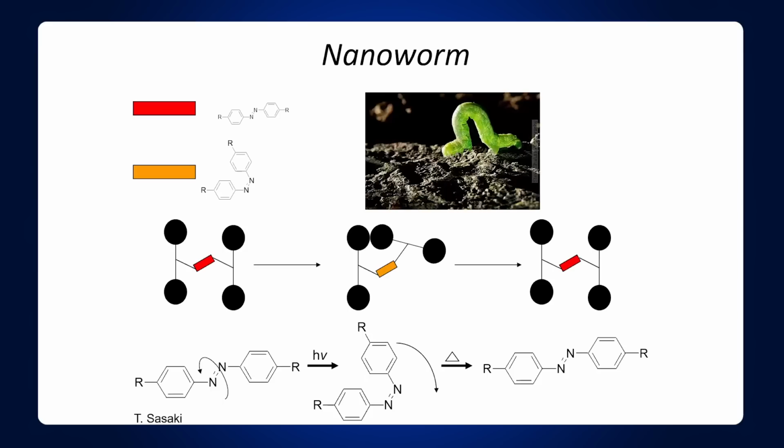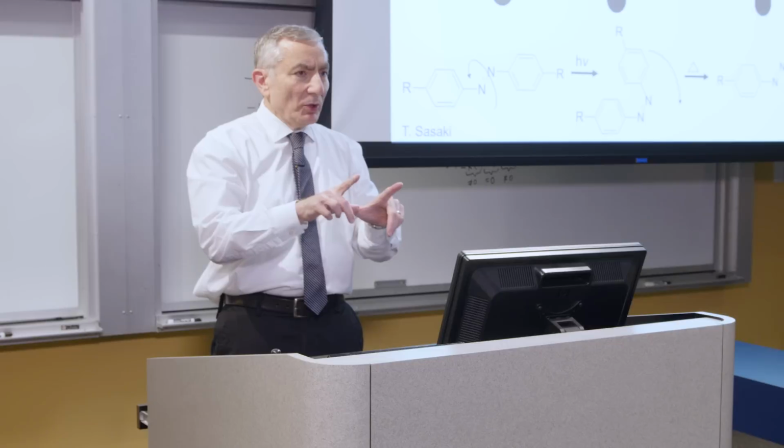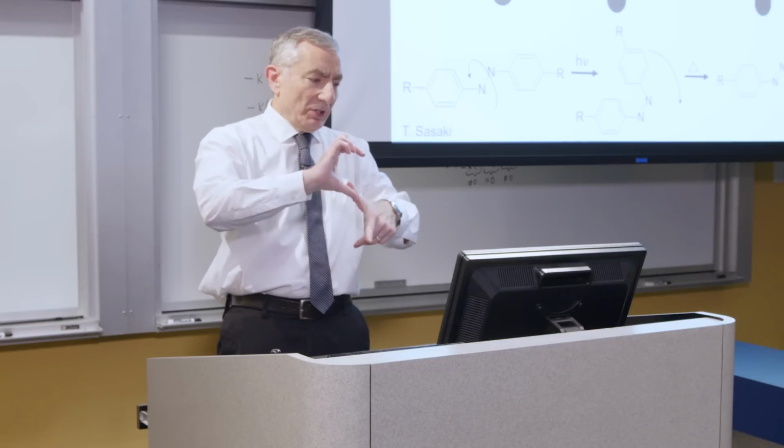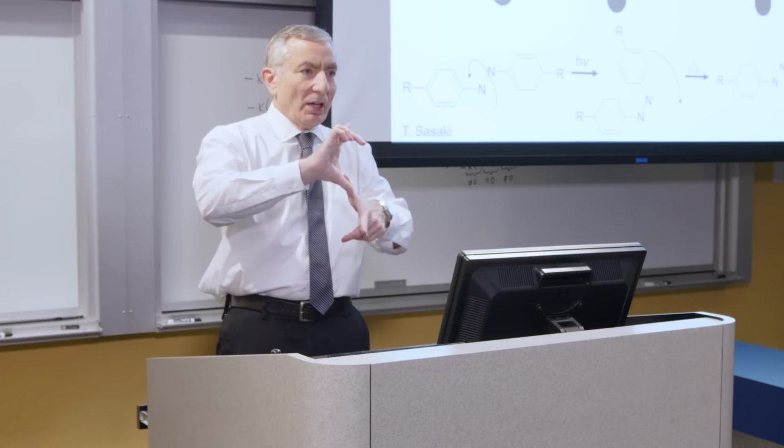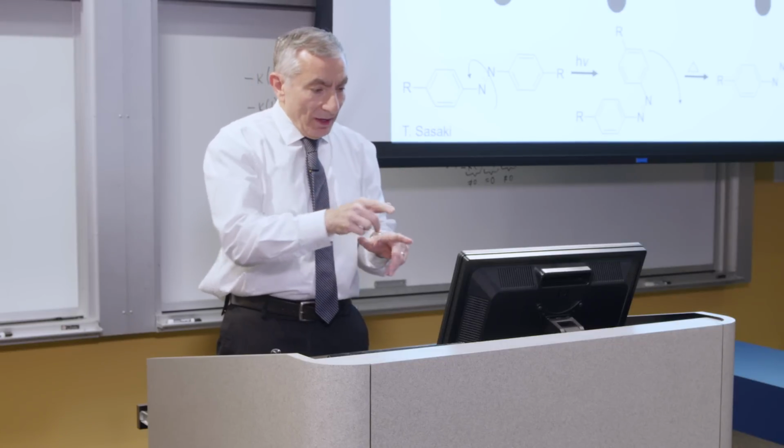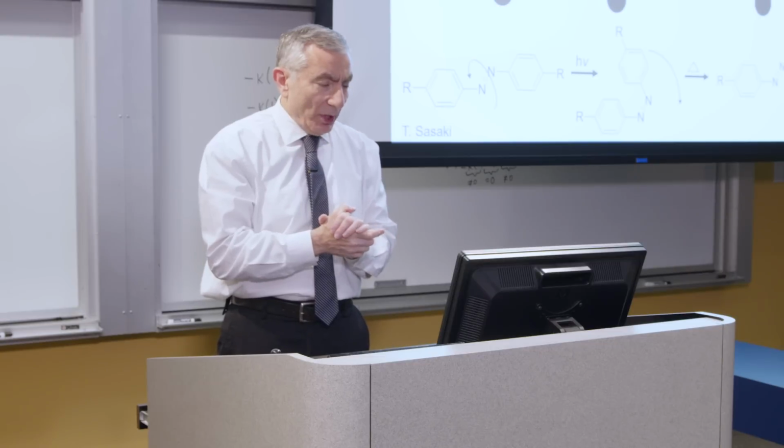We made nanoworms, and that capitalizes on an interesting phenomenon that if you have these azobenzenes like this, then what happens is if you shine light on it, you go from the trans to the cis. For those of you who took organic, you remember you could take a trans double bond, you shine light on it, it goes to the cis. The same thing happens with azobenzenes.